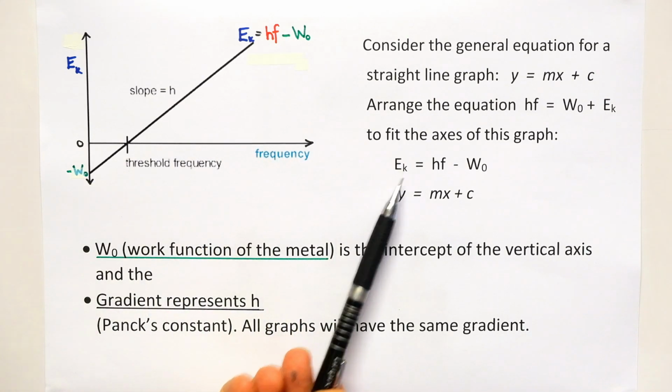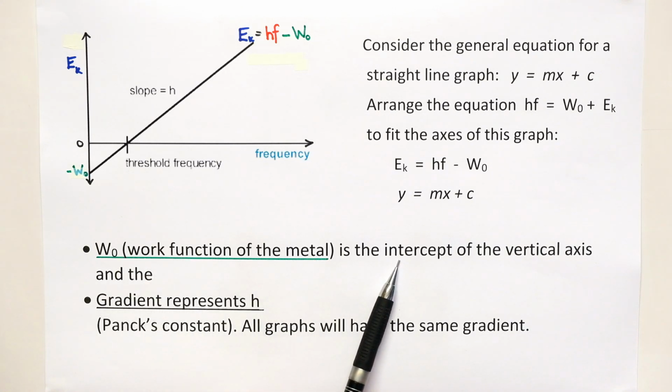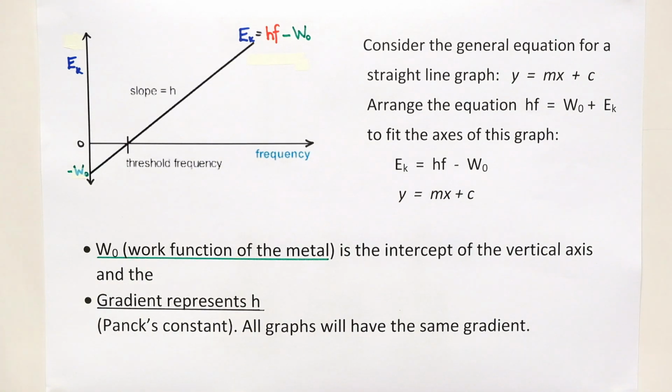There the equation is. W0, the work function of the metal, is the intercept of the vertical axis, and the gradient represents Planck's constant. All of these graphs will have the same gradient, irrespective of which metal we use and irrespective of which section we use from the electromagnetic spectrum.